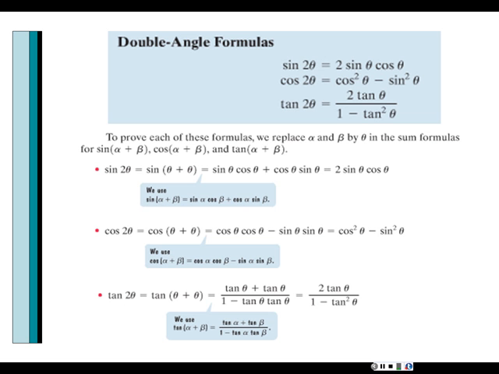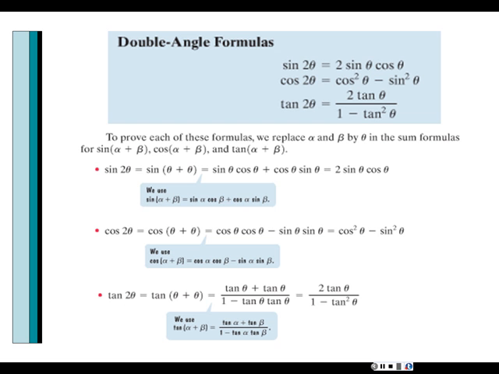If you look here, for cosine 2 theta, we just assume that it's basically theta plus theta. Once you have theta plus theta, we applied the formula from the last chapter, the cosine alpha plus beta. Remember the formula from the last section? We just applied that formula here.